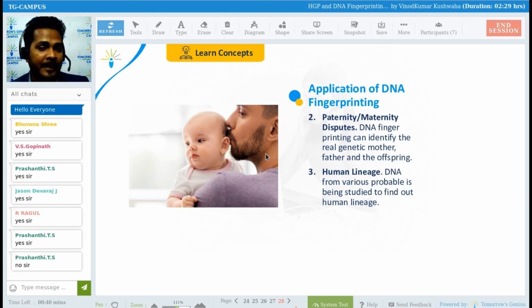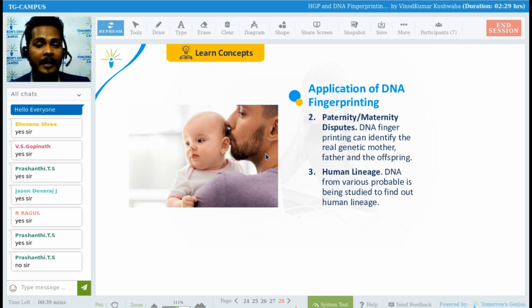DNA fingerprinting can identify the real genetic mother and father of the offspring, because VNTR, a minisatellite, is 50% from the father and 50% from the mother, right? So with the help of this technique, they can easily identify the paternity or maternity of the particular child. Clear? So this is an application of DNA fingerprinting.